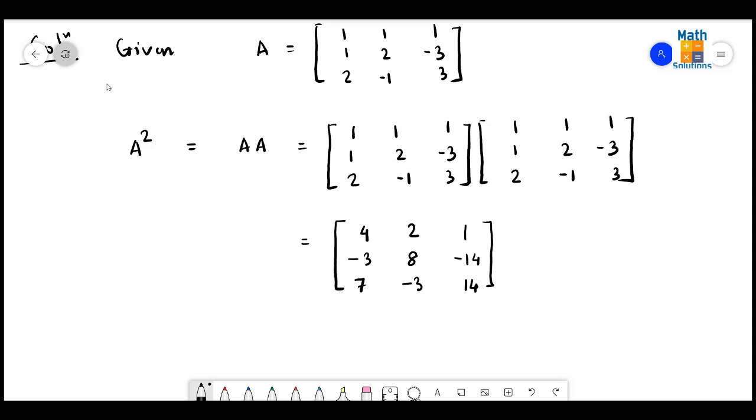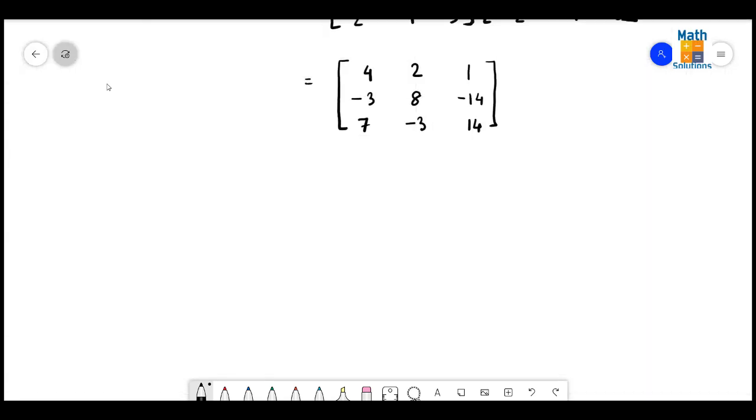After this, we cannot stop here. Next, we need to find A cube, which can be found using this form. In place of A square, we write the expression we obtained just now: 4, 2, 1, minus 3, 8, minus 14, then 7, minus 3, 14.